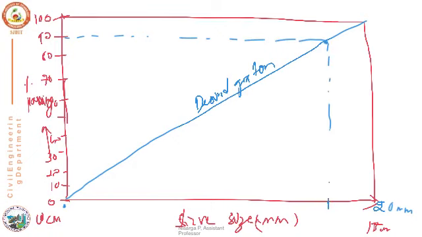So this will meet the x-axis at some point. This will represent the size 12.5 mm sieve. Mark that point here. The 65% will come here. Draw one light line from 65% and drop it down. So this will mark the 10.74 mm sieve.